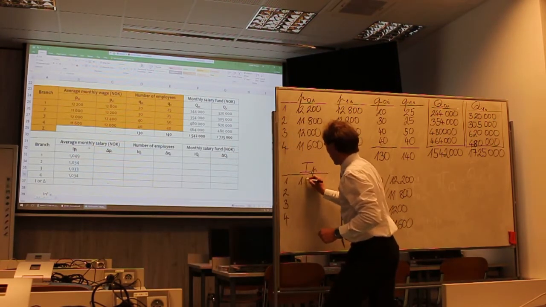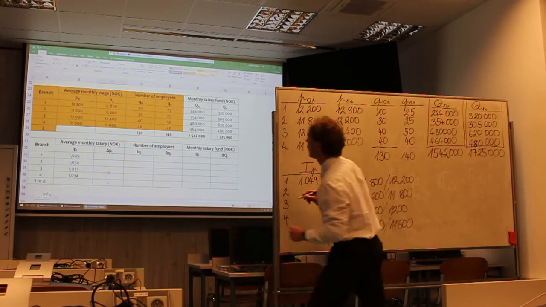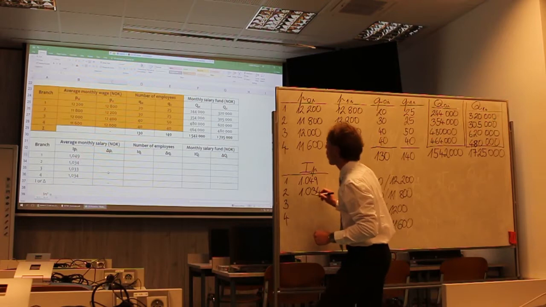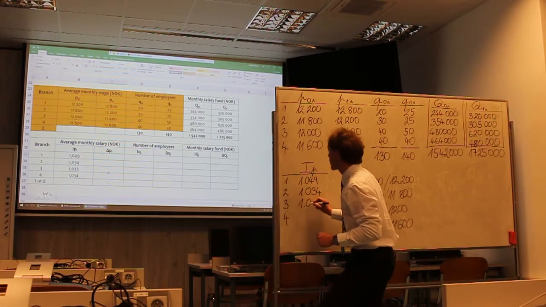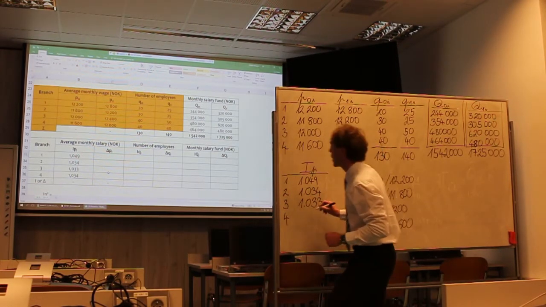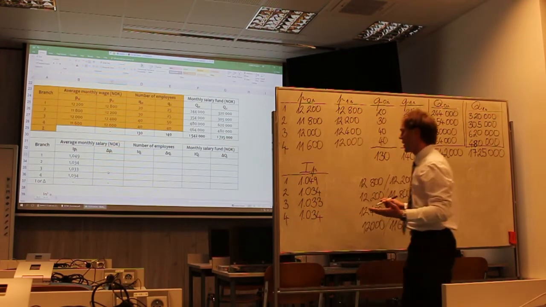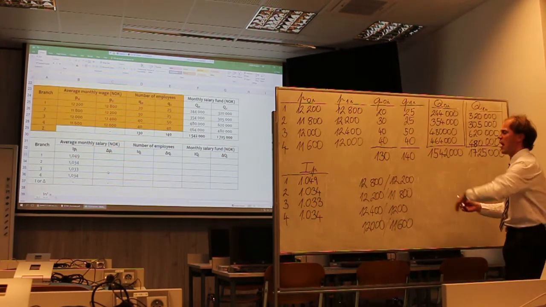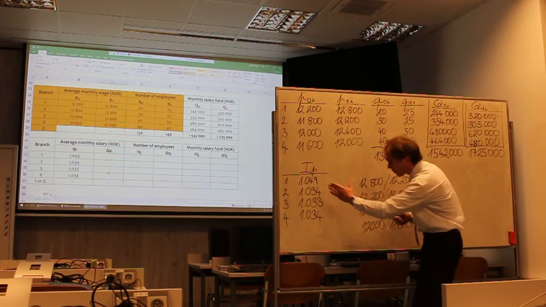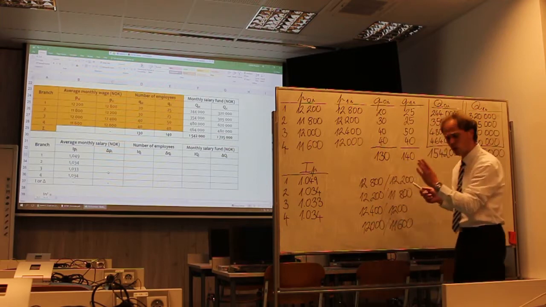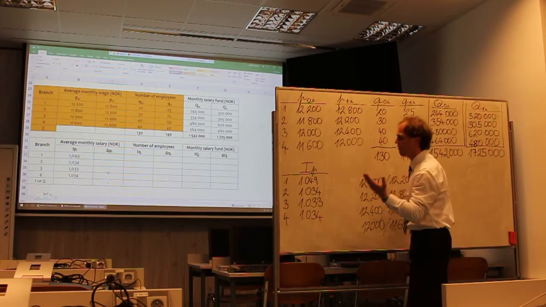1.049, 1.034, 1.033, 1.034 individual indices. Result is above 1. So that means there is between year increase, between year 2010 and 2011.